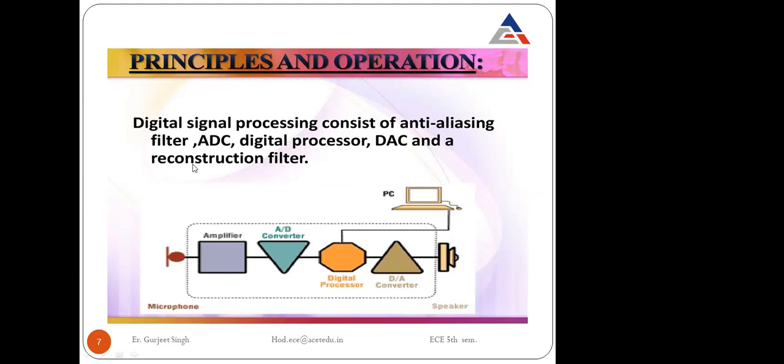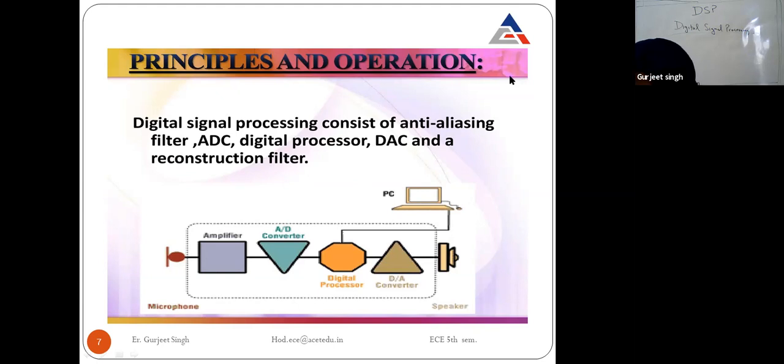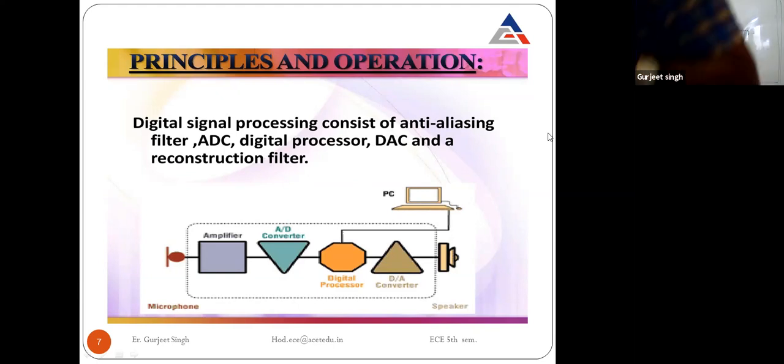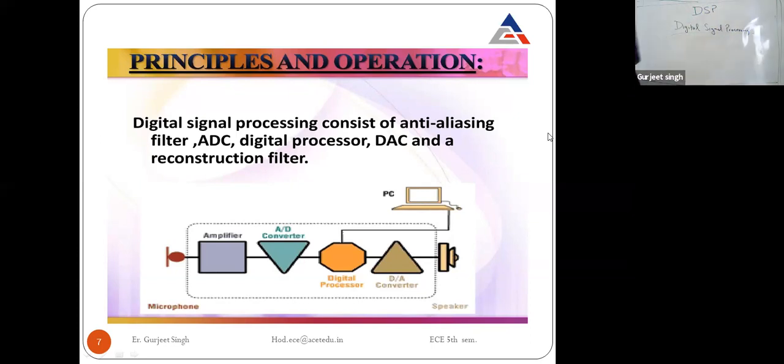So what is the function of the anti-aliasing filter? I will explain the concept of the anti-aliasing filter. We have a main block here. We have an input signal, which is given to the ADC.